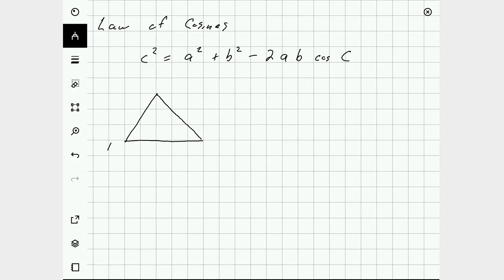Let's take a look at this triangle. Let's call it triangle ABC because we're lazy and that's what we do. And let's fill in some values of, say, 58 here, 71 here, and 46 down here.